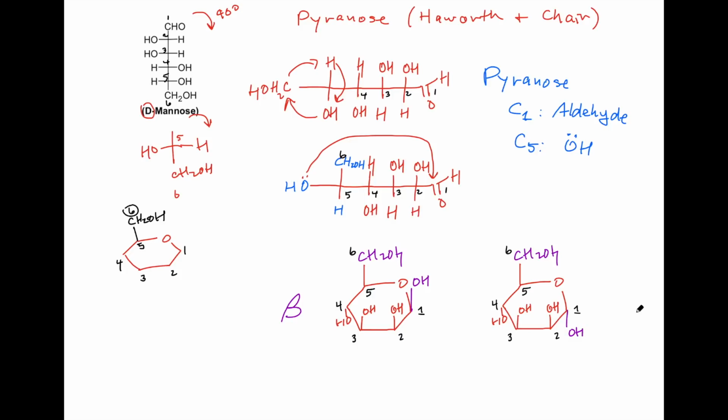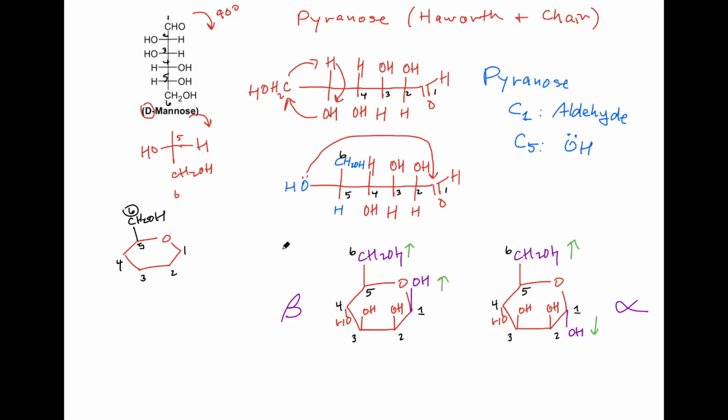Now this is what's called the alpha anomer because this group is facing up and this group is facing down. So this carbon number 5 CH2OH is facing up. The carbon number 1's OH is facing down. For a beta anomer, the carbon number 5 CH2OH group is facing up, as well as the carbon number 1's OH group is also facing up. So this is the beta anomer, and this is the alpha anomer for D-mannose.